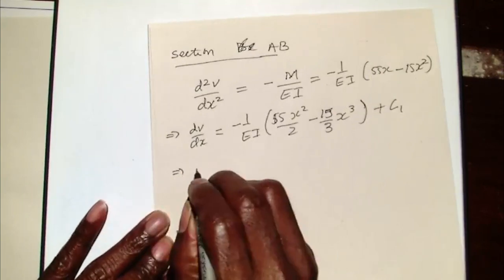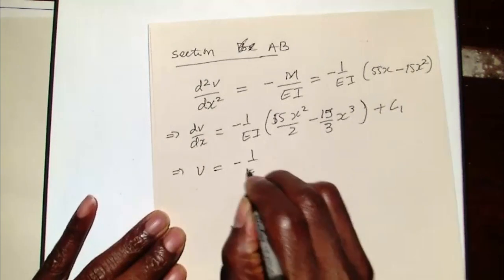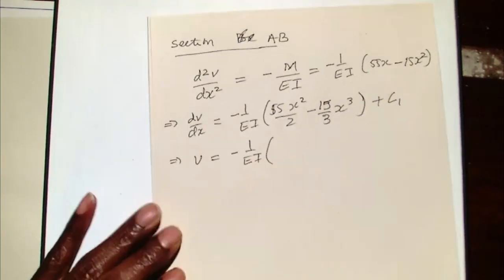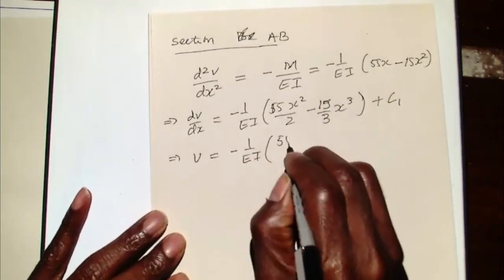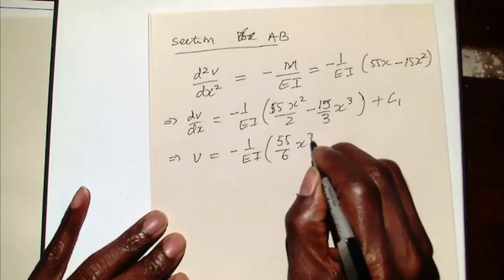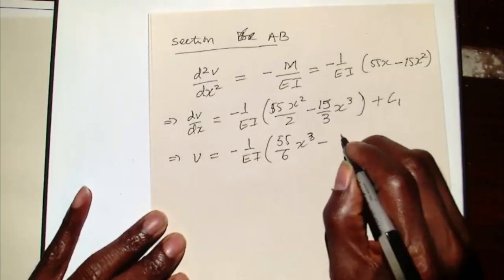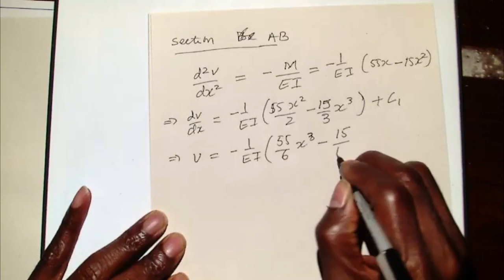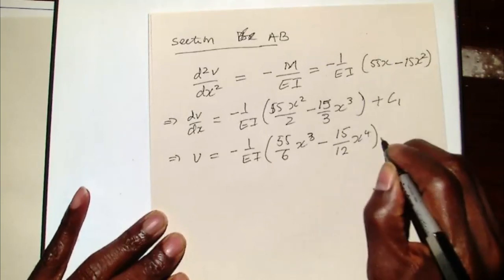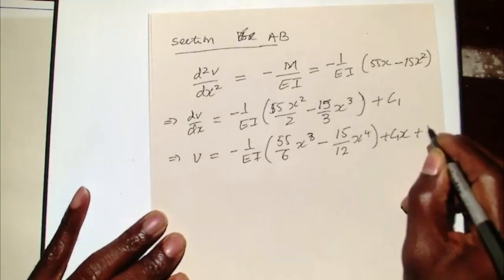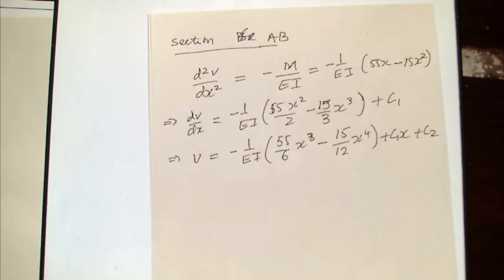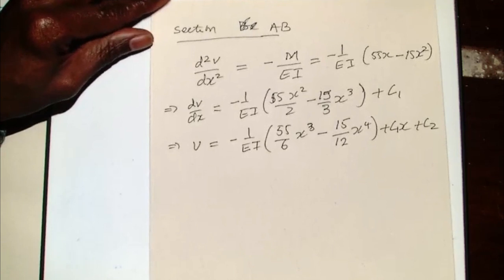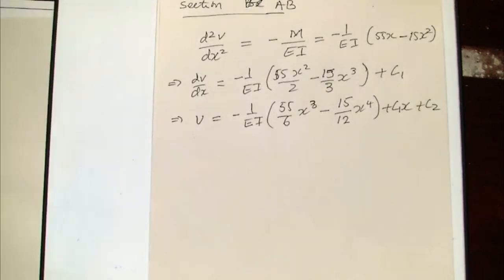So v equals minus 1 over EI times 55 over 6 x cubed minus 15 over 12 x to the 4 plus C1 x plus C2. So C1 and C2 we don't know yet, but we'll soon find out what they are.